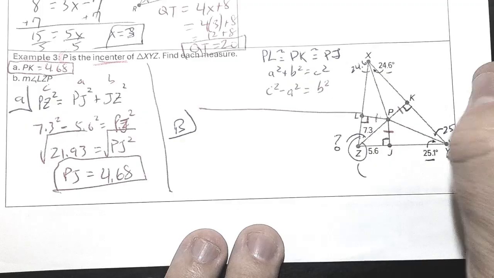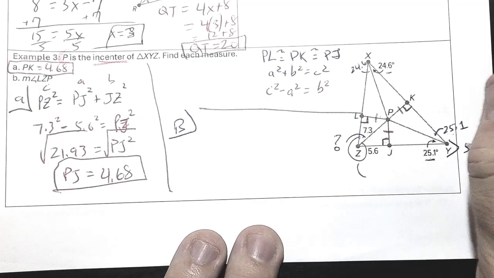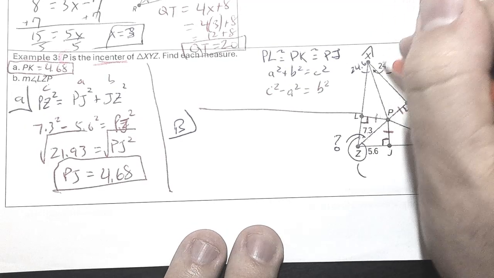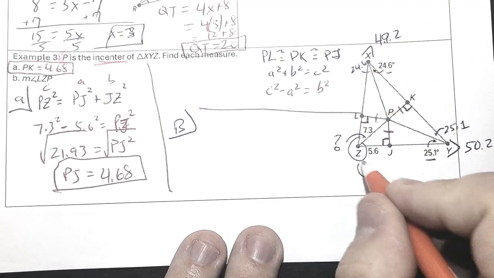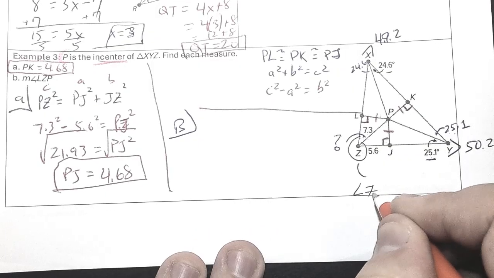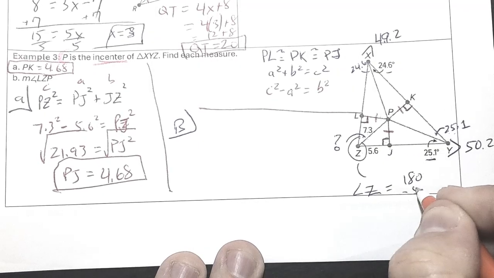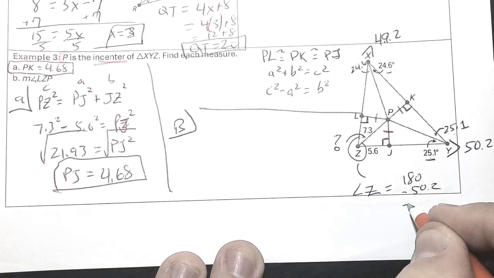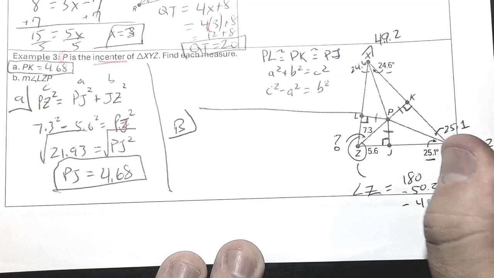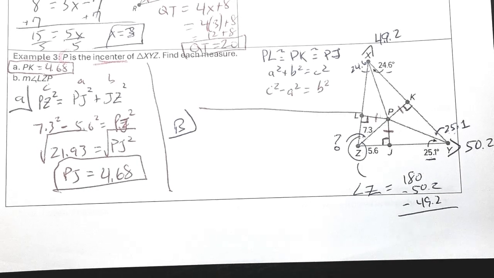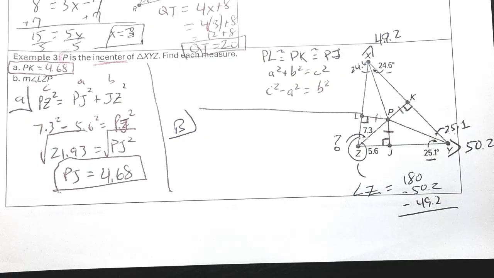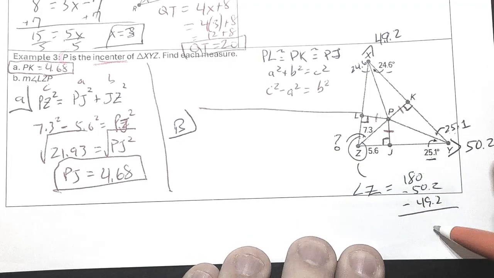So for angle Y, 25.1 plus 25.1 is 50.2. For X, 24.6 plus 24.6 is 49.2. So to get angle Z, it'll be 180 minus 50.2, which is this one, minus 49.2, which is that one. So we subtract those both out, and we get 80.6.